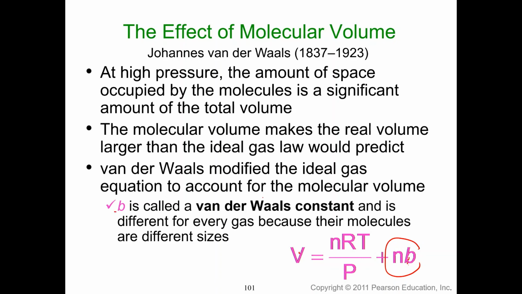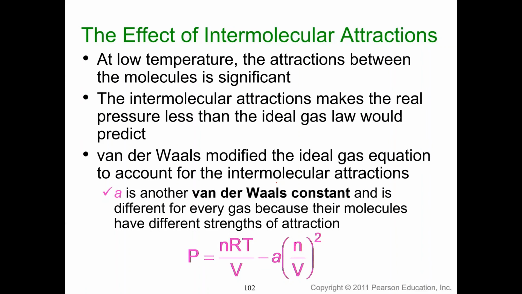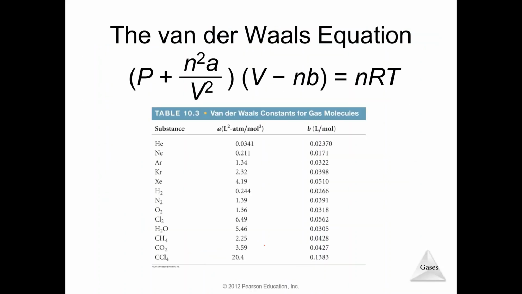This van der Waals information, the van der Waals constant, is given to you, or it will be given to you during the test, because these are constants you can look up online. Also for the pressure, the same way, it has to be corrected according to the moles and A, which again is a van der Waals constant. So A and B both need to be looked up if you are doing any calculation.